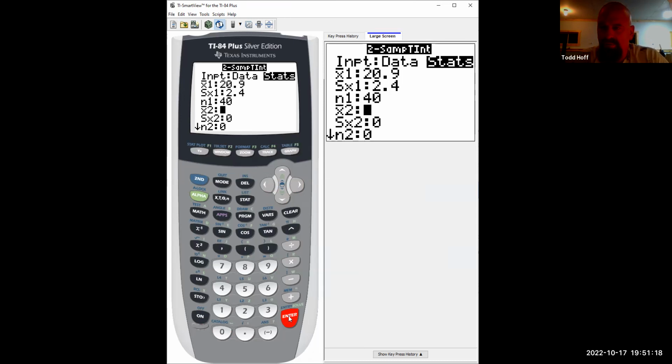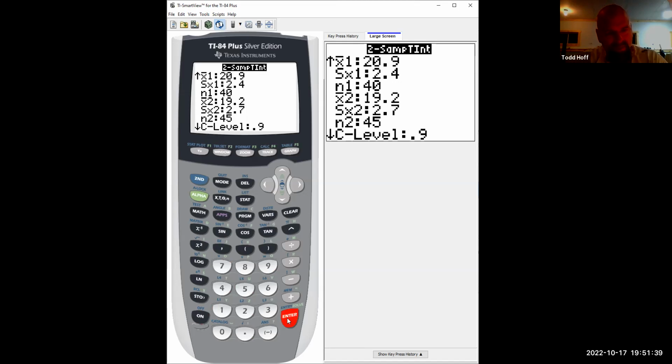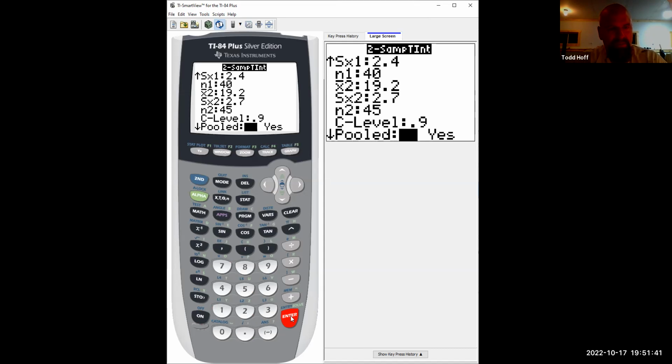It was only for hypothesis testing that we had to do that adjustment to make the difference 0 for the null hypothesis rather than the difference of 2 in the null hypothesis. So here we will put in the actual mean of 19.2, standard deviation of 2.7, sample size of 45. Confidence level, let's just go with 90.